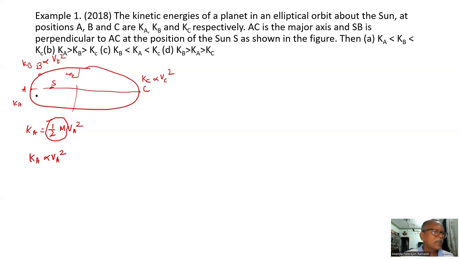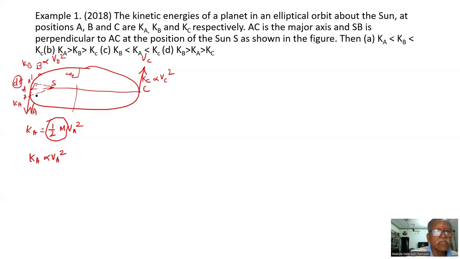But for the velocity at point A, Va is greater than Vc. Suppose the planet is rotating this way, in the anti-clockwise direction, then Va is greater than Vc. This is because, suppose in dt seconds, this A to A dash is dt seconds.